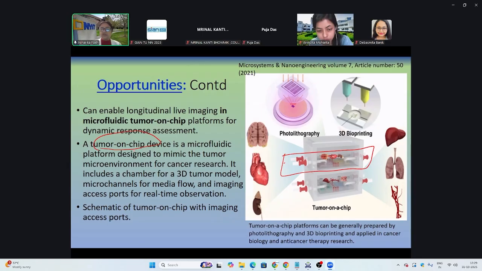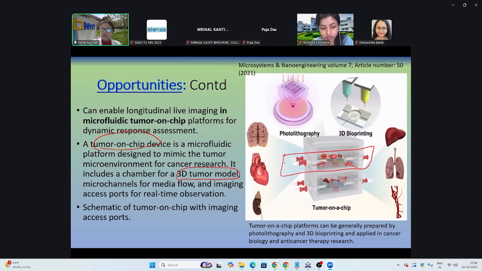That's the hope. So if you have an organoid or a small 3D tumor that is growing, and this is a fluidic chamber where fluid and nutrients and oxygen are given just like blood, this tumor is growing in it over time.